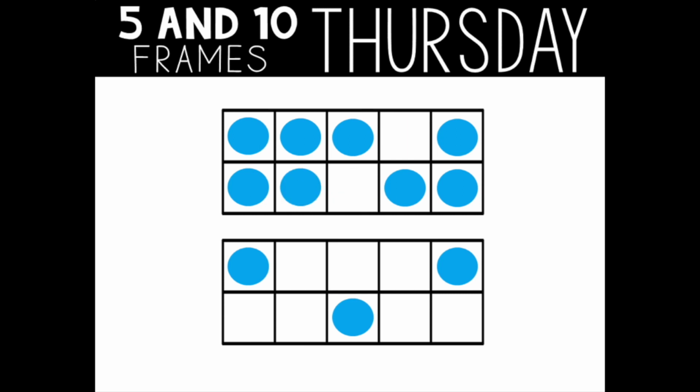Image 4. How many do you see? How do you see them quickly? Are you noticing any patterns? Is it even or odd? How do you know? Pause here if you need to. Here's one pattern I noticed. There is 1 less dot in the top 10 frame than in the last image.